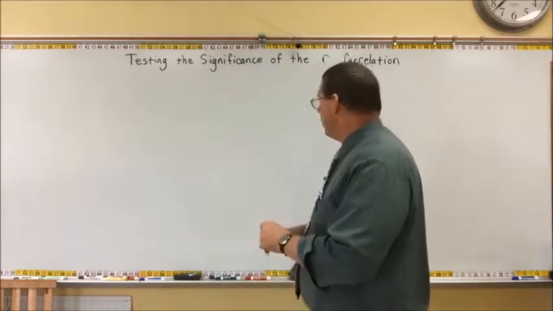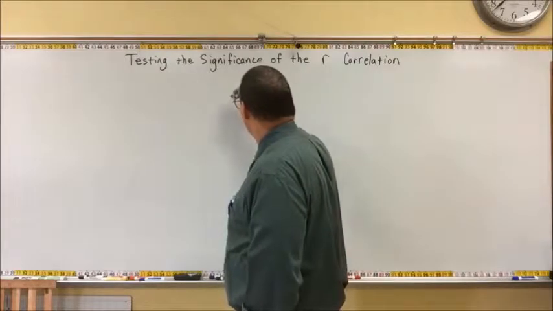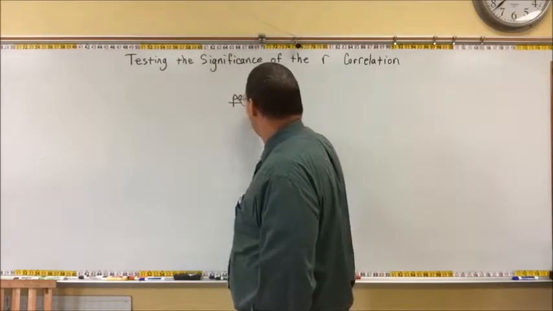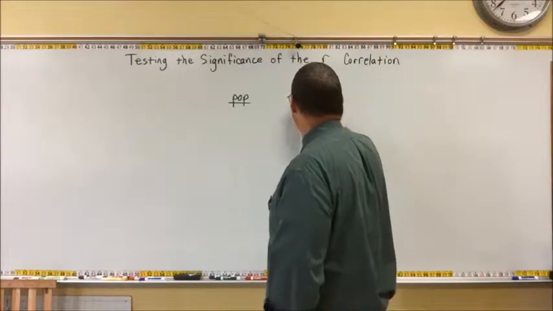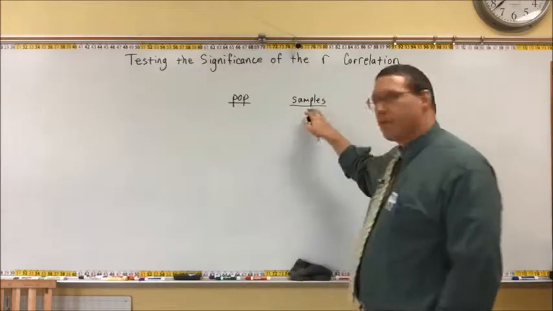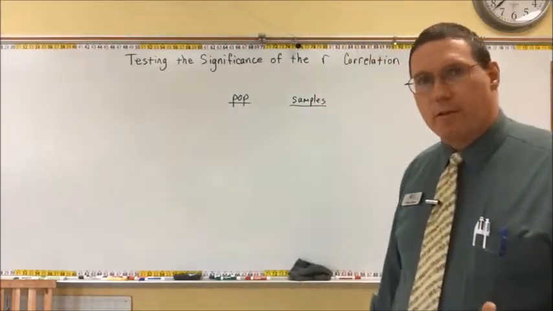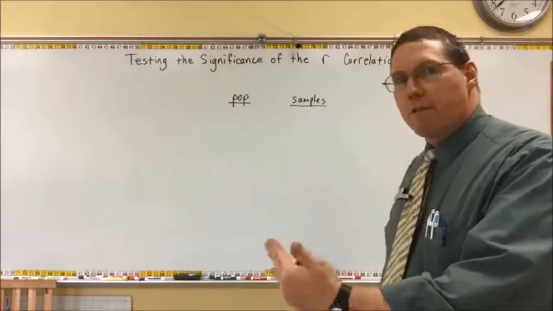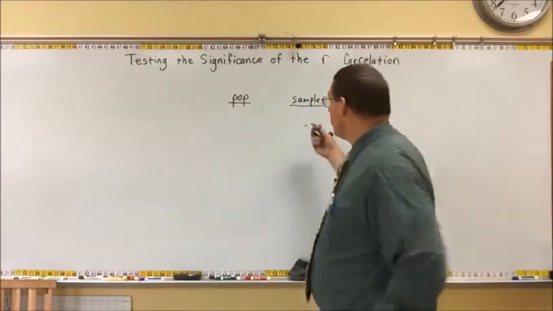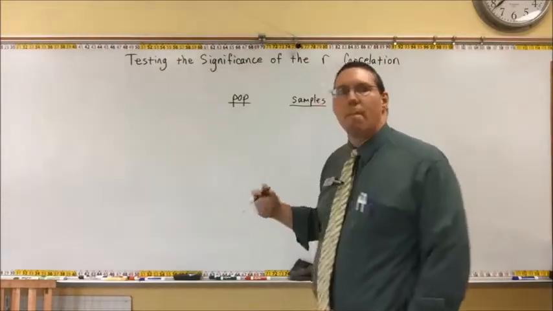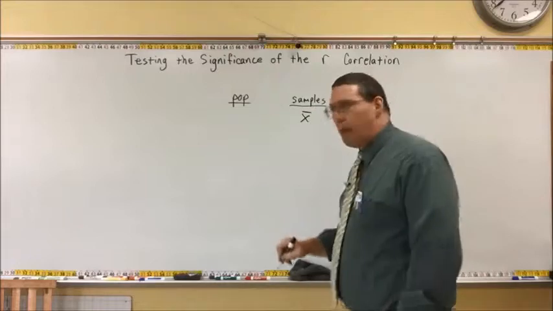Up to this point, we understand that we're talking about populations and samples. This is a statistics class, so we're concerned with sample statistics, and we use sample statistics to make inferences about population parameters. What we have learned so far is that when we're talking about the mean of a sample that we have taken, we're talking about X bar.